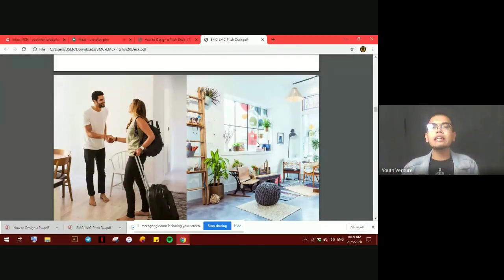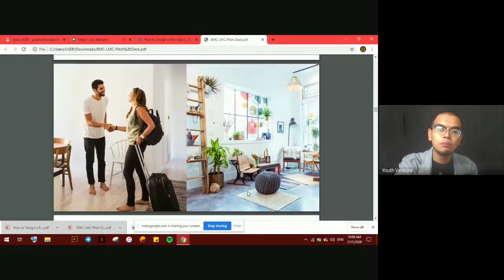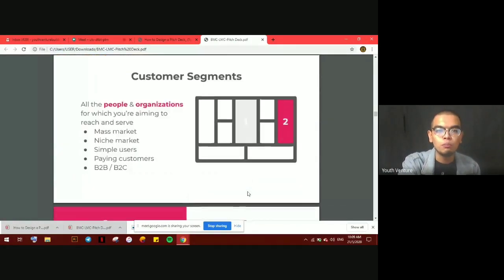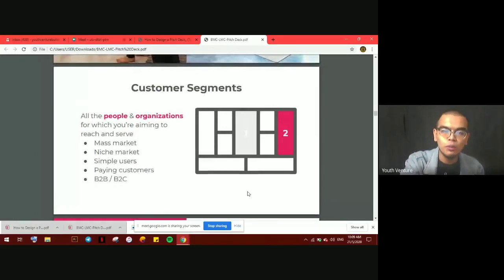When you are staying at an Airbnb, the experience is much more localized as compared to a hotel room. And ultimately, the reason why you go to an Airbnb, especially if you are a backpacker or a traveler on a budget, is because it is fairly cheaper as compared to the normal price of a hotel. So that is the reason why people use Airbnb as compared to a normal hotel.